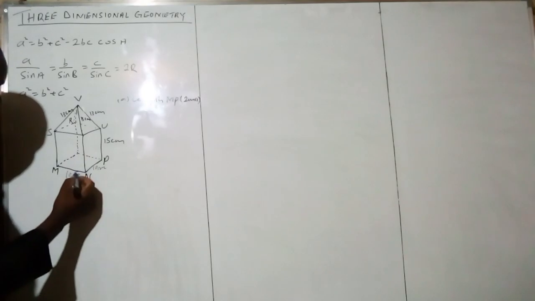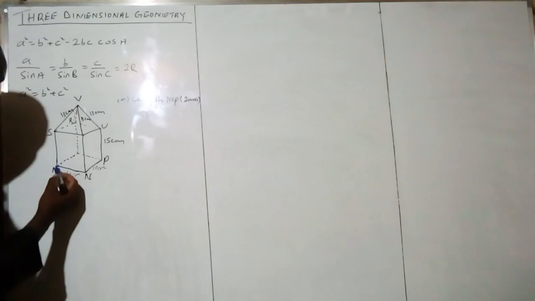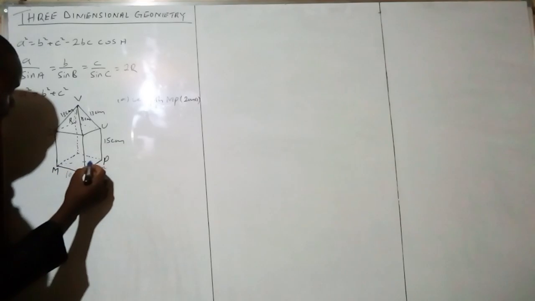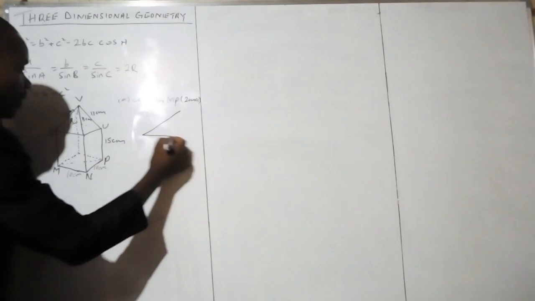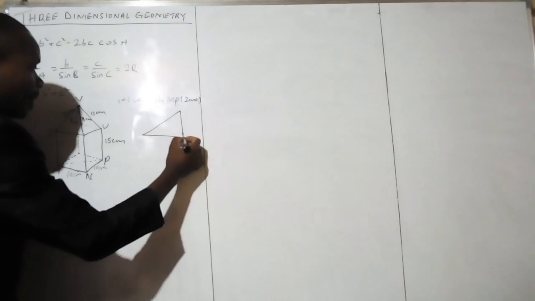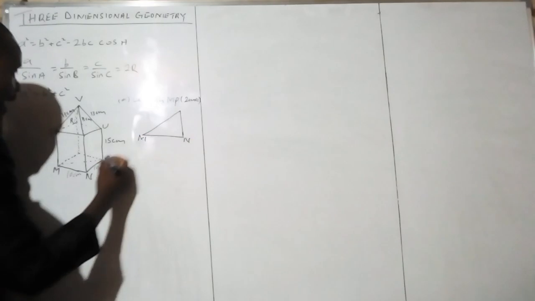This is a square base. We can extrapolate to have a line from M to P. Let's extrapolate. This is how it's going to look. This is our M, here we have N, and P is here. So a line running from M to P is the one that we are calculating.